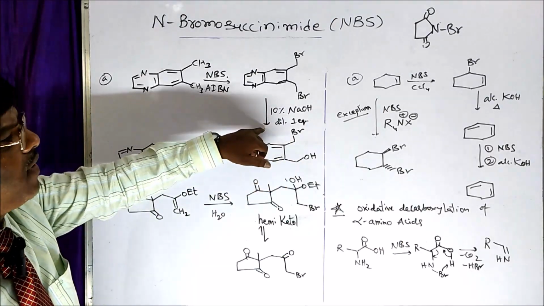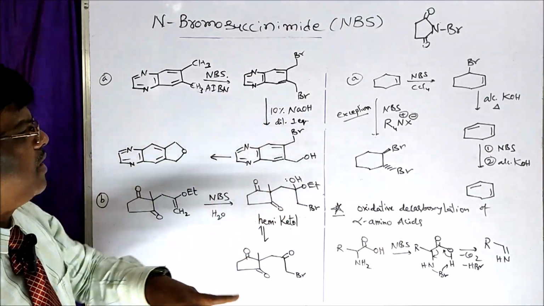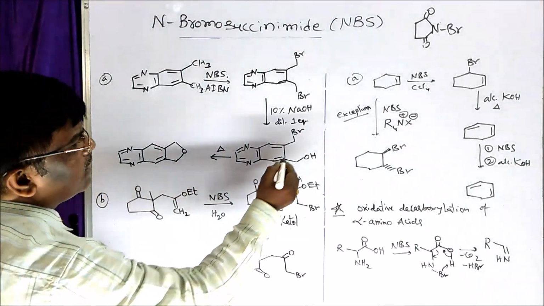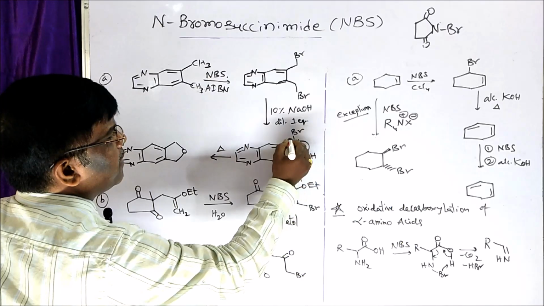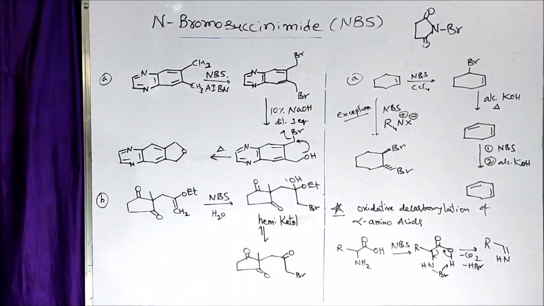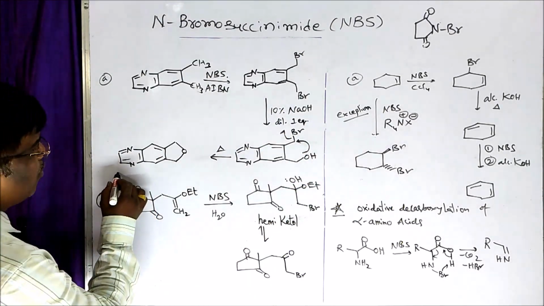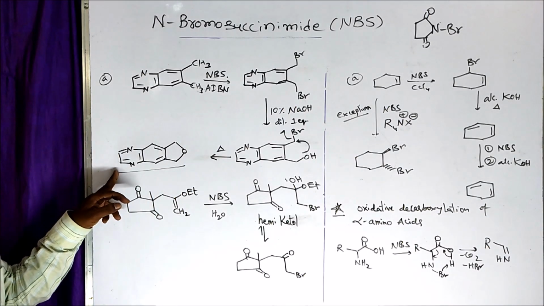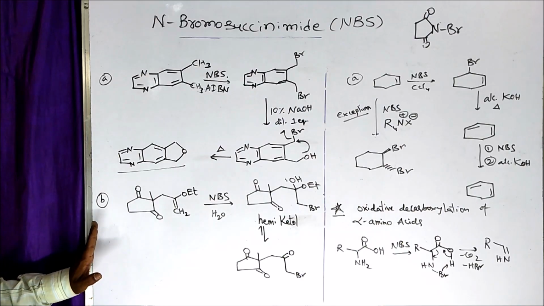Dear students, use only 1 equivalent of NaOH solution. Further, upon heating, what is happening? Elimination, and cyclization is going to take place to give this cyclic compound. This is one of the alkaloids used in the pharmaceutical industry. Yes, so this is very important.